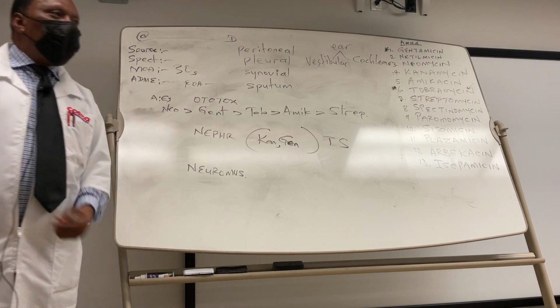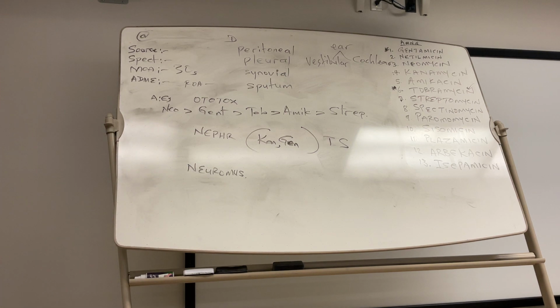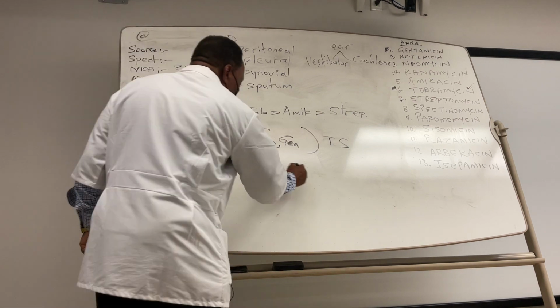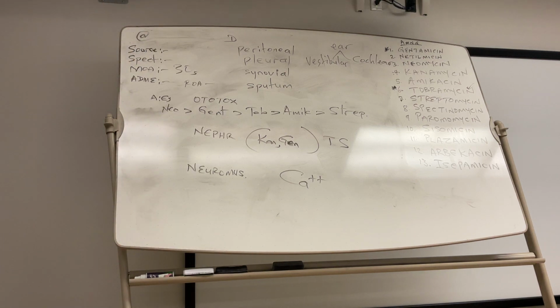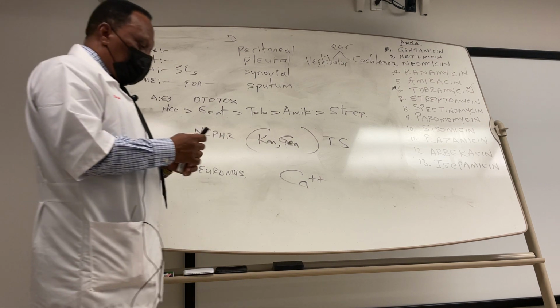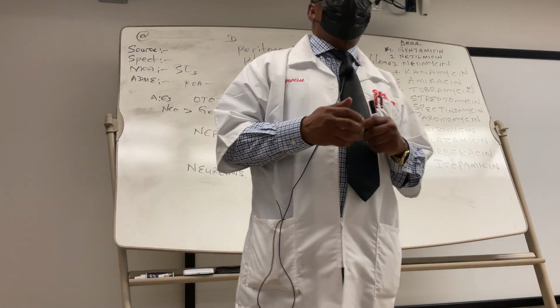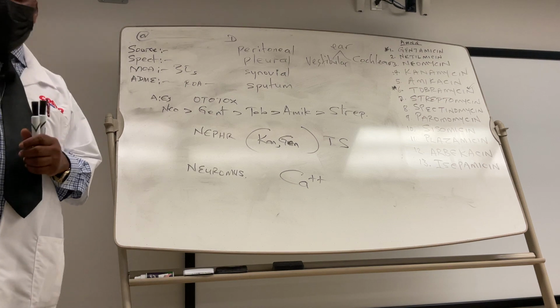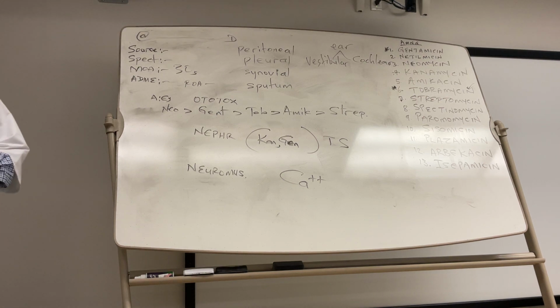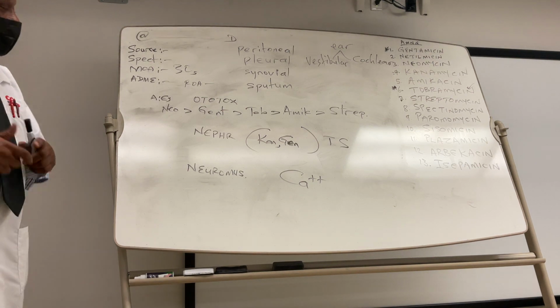Okay. And whenever you have that neuromuscular blockade, you can reverse it by using a calcium salt or by using your cholinesterase inhibitors like neostigmine, edrophonium chloride, that's one of them.